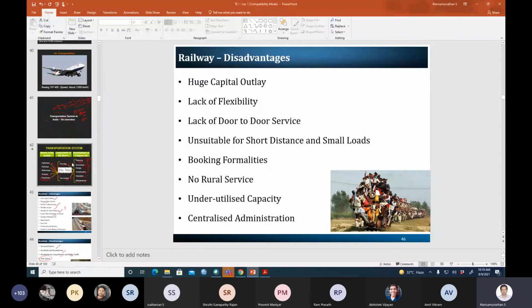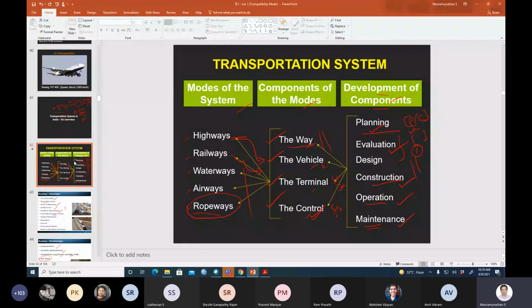So one question is, the transportation system contains three components. The transportation system has three pillars, or three categories. One is the mode. Second is the components of each mode. Third is how the developments are happening. When we do all these things together on the field, that is what we call a transportation system with the provided facilities.